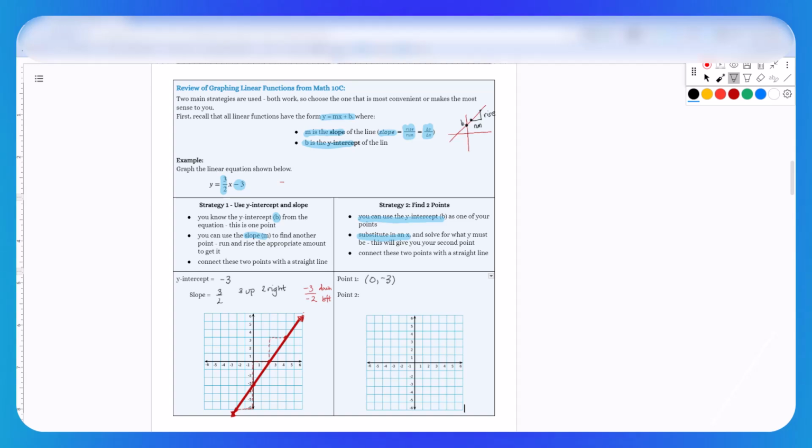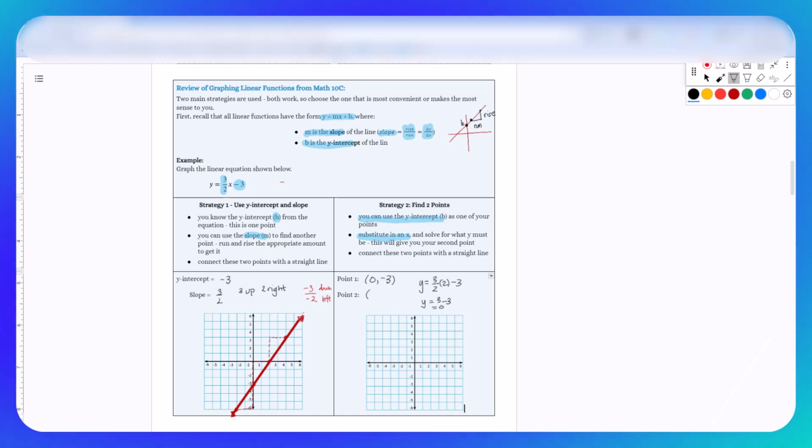So we get to pick a number. Let's pick x equals 2. When we substitute in 2, we get y equals 3 over 2 times 2 minus 3, and y equals 3 minus 3, which equals 0.